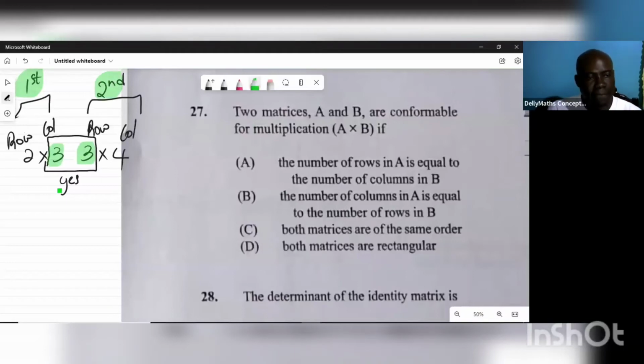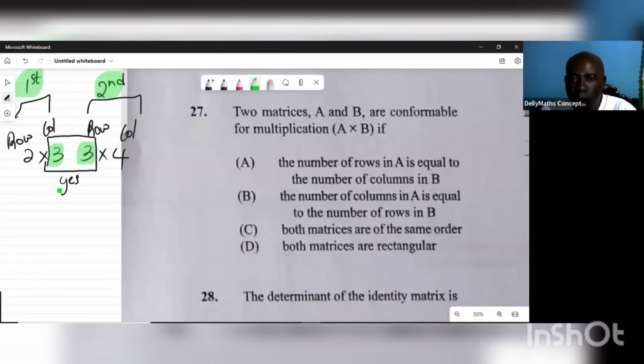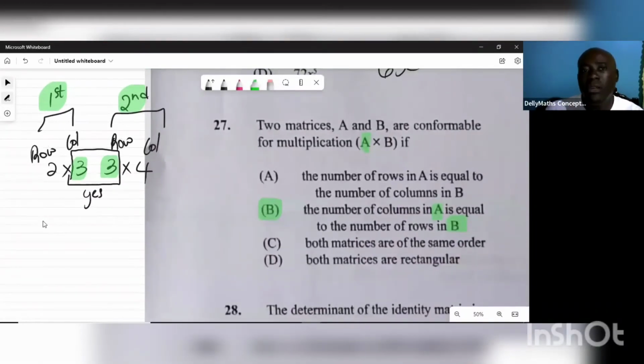Can you see that? Yes, sir. So we're looking for that. The number of columns for matrix A at the front is equal to the number of rows for matrix B at the back. Bam. And we pick that for the answer. A lot of you would have known that this is how we do this, it is row times column.